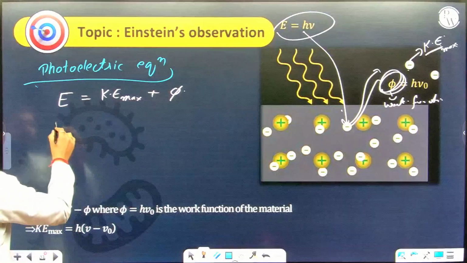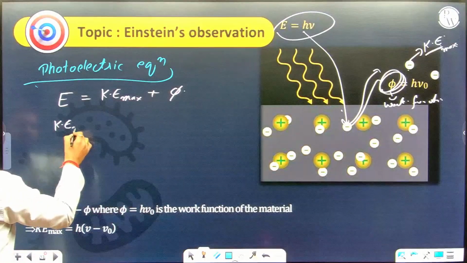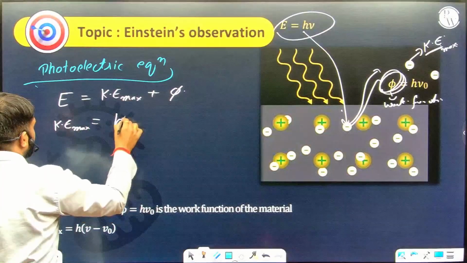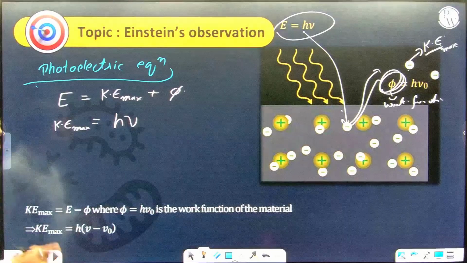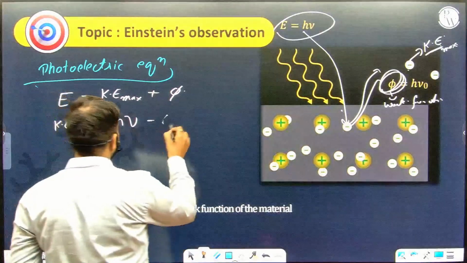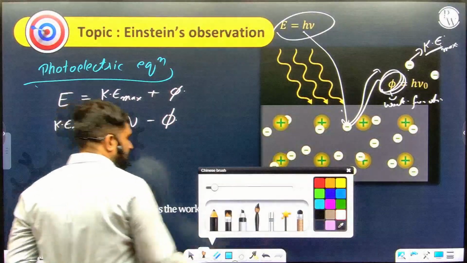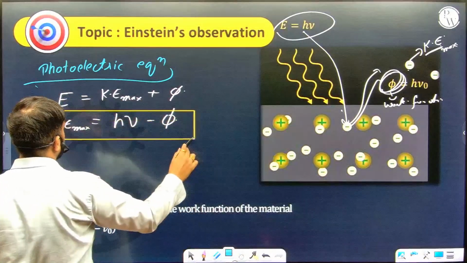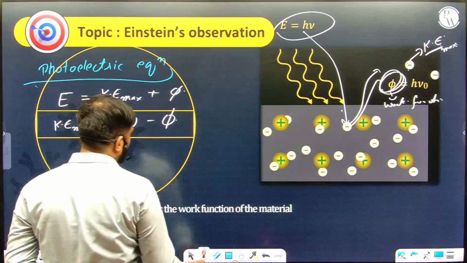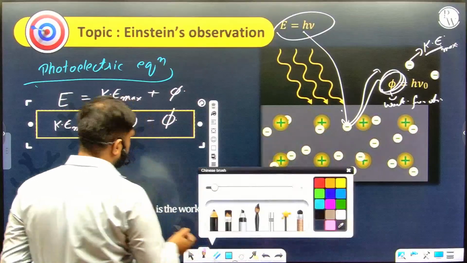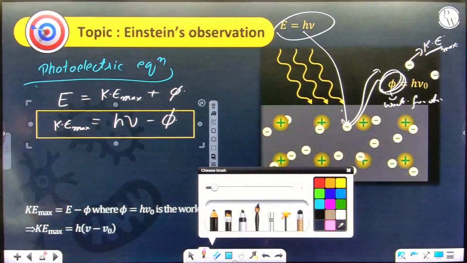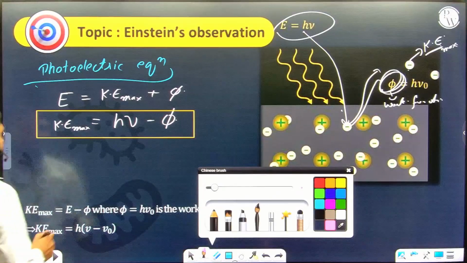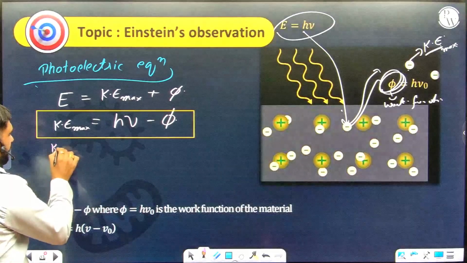Rearranging it, I can write the Kmax of ejected photoelectrons equals the energy of incoming photons, h nu, minus the work function phi of the metal. So here I got Einstein's photoelectric equation, and we can have many formats of it.